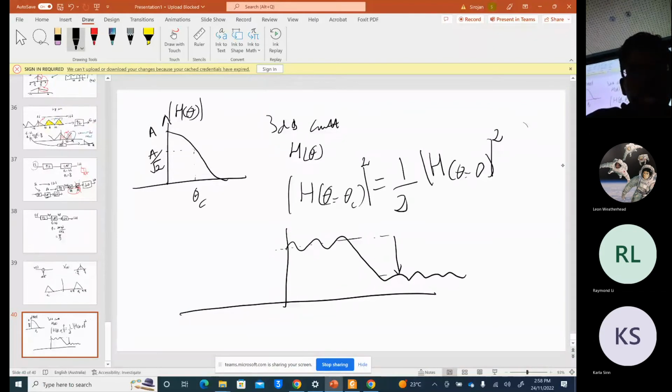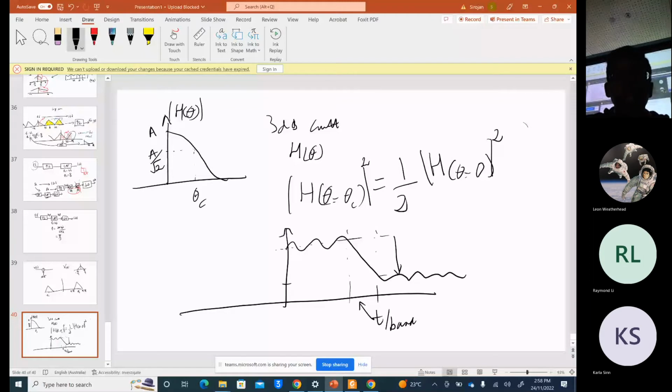This is the stop band attenuation, and this is the transition band, and this is the stop band ripple, and this is the stop band attenuation. So this is also about the filter specifications.